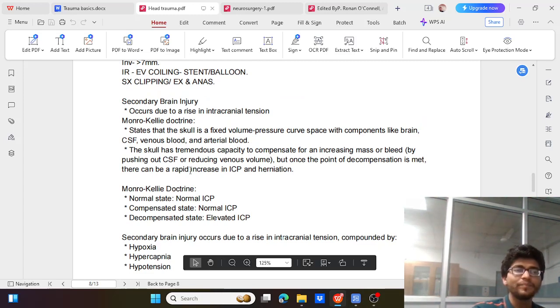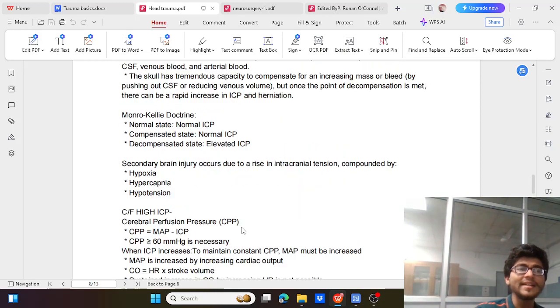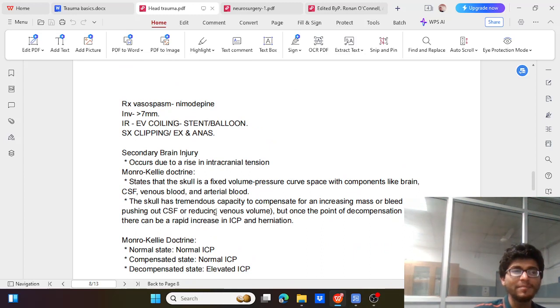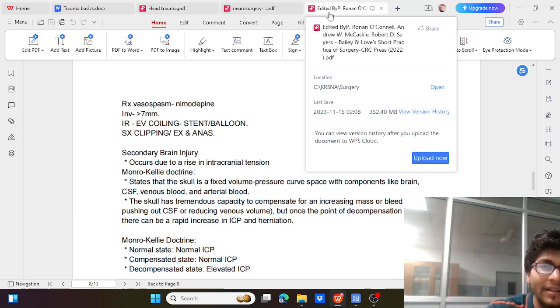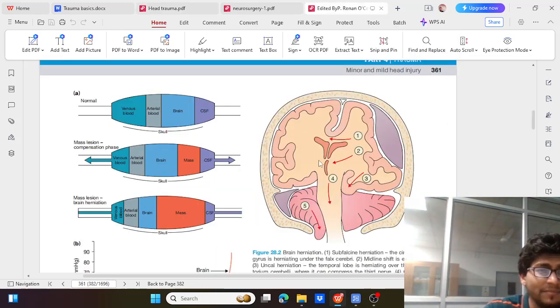To understand this concept of intracranial pressure, we have a doctrine, that is the Monro-Kellie doctrine. What does it state? We can understand this by a very beautiful diagram commonly used. The skull is a fixed space, like a box or a bottle which is fixed, which has components.